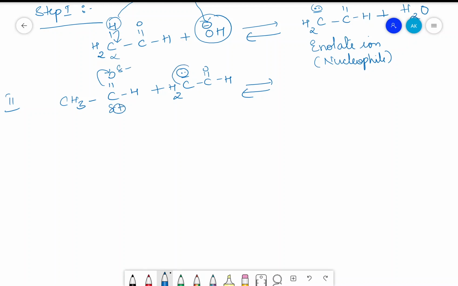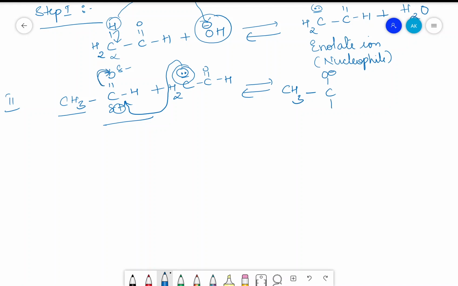The negative charge here will be shifting towards the carbon having positive charge, and this negative charge, which has 2 electrons, will lead to bond formation. Thus I'm writing CH3 as it is. This group I'm writing C single bond O with a negative charge because the bond is shifting here.